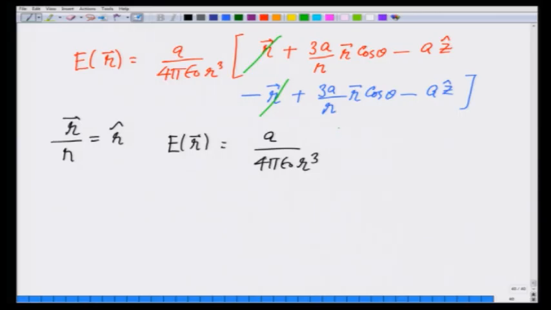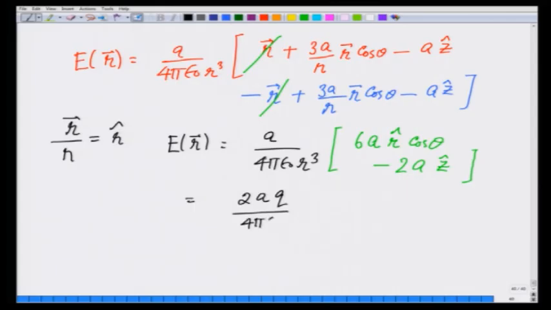Inside I get 6 a cosine of theta r unit vector minus 2 a z, which I can write as, take 2 a out, 2 a q over 4 pi epsilon 0 r cubed, 3 cosine of theta r unit vector minus z.